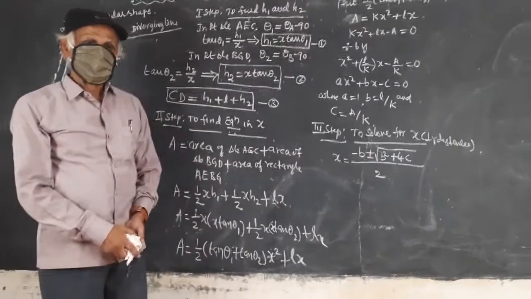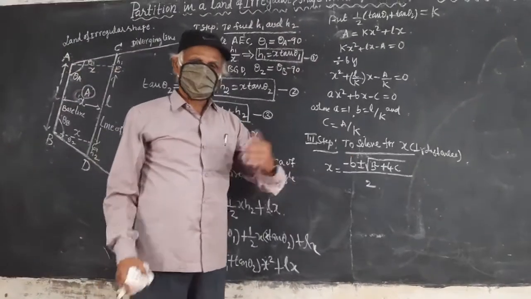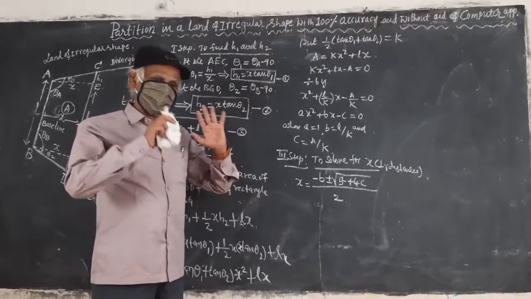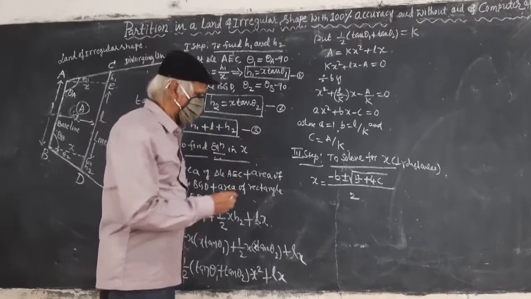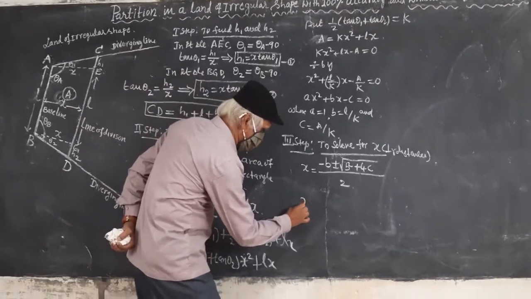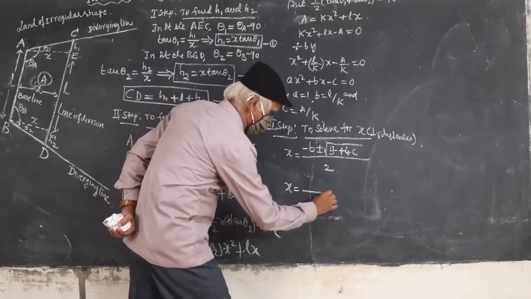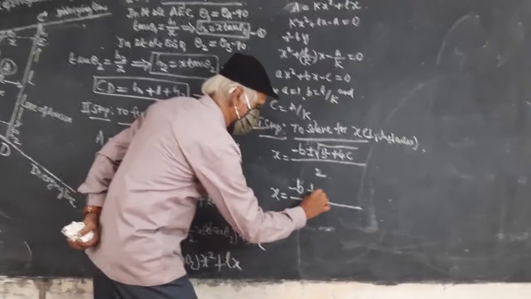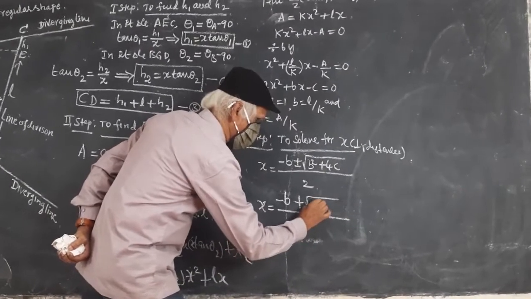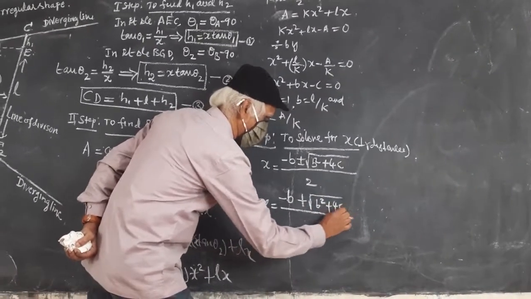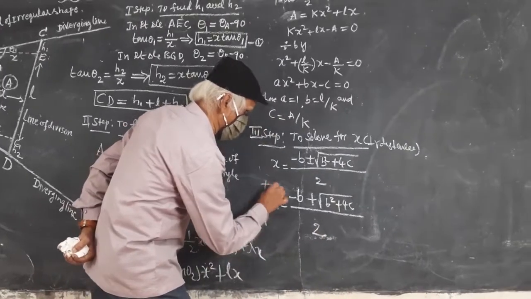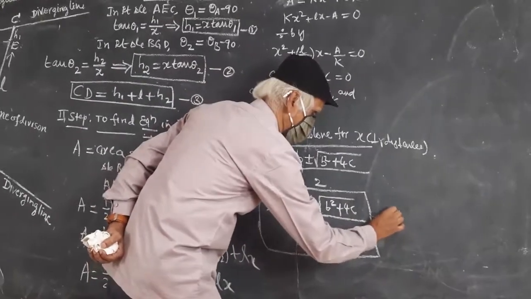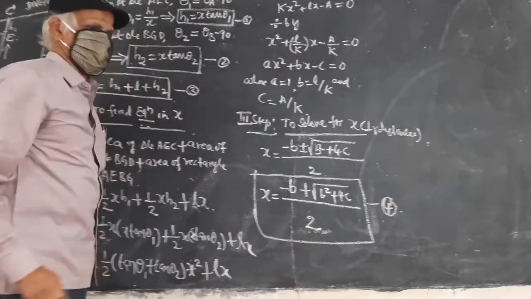So obviously, X has two solutions. The only possible and acceptable solution for X in this case is X is equal to minus b plus square root of b square plus 4c by 2. Call this expression as 4.